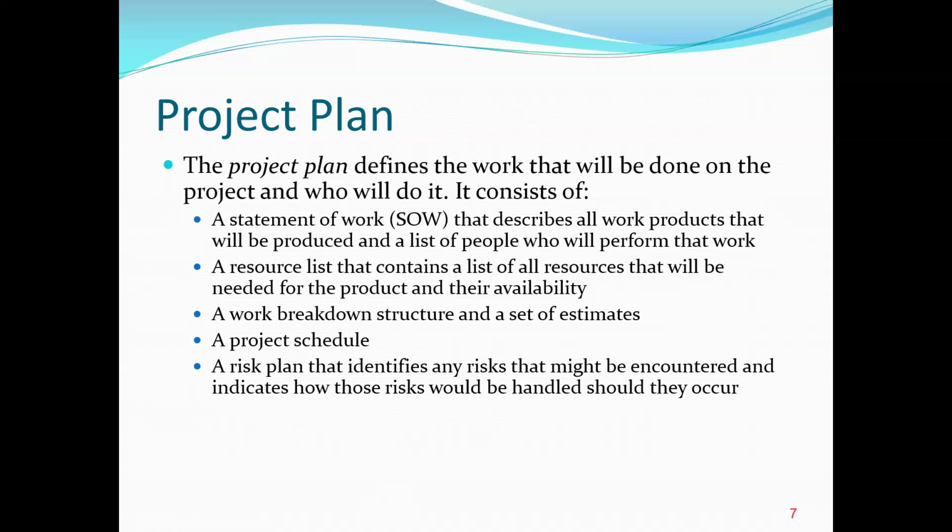With the SOW, we can create our Gantt chart, or the work breakdown structure, which lists all the possible activities or tasks we have to perform in order to achieve our goal. Also, the duration of the tasks is very important, and also the people or staff that will be doing the tasks; we have to list all of them.